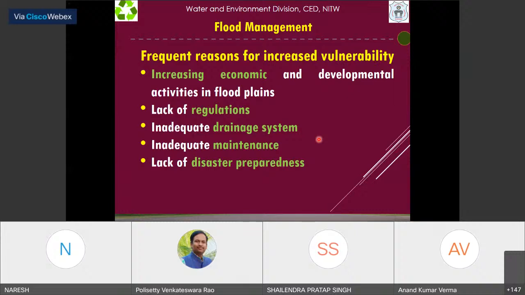I have listed here what I call frequent reasons for increased vulnerability. The most important reason is increasing economic and developmental activities in floodplains. Then somebody can ask me, are we against economic and developmental activities? No, not so. But where you undertake these activities, identifying appropriate locations is much more important.